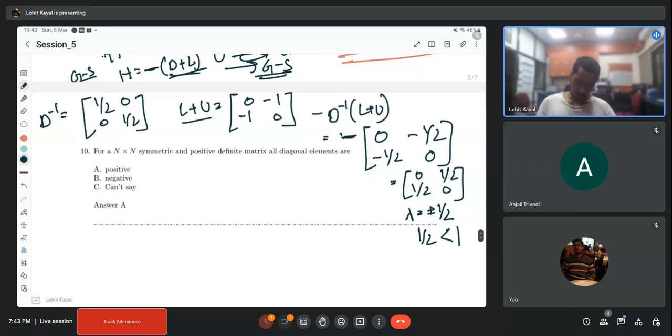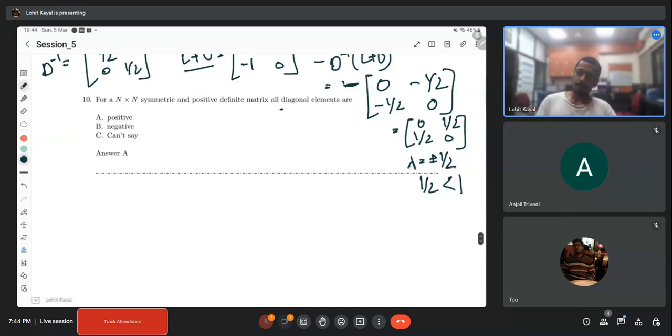This is question number 10, which says that for a symmetric and positive definite matrix, the diagonal elements are positive, negative, or can't say. You need to go back to the definition of the positive definite matrix. One condition is that a positive definite matrix is one whose eigenvalues are all greater than 0, so lambda 1, lambda 2, lambda 3 are all greater than 0.